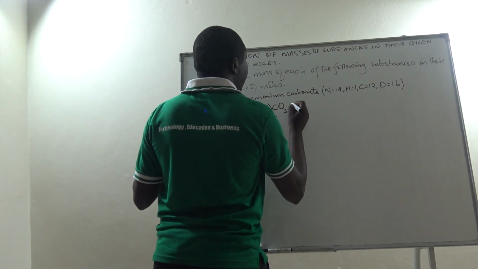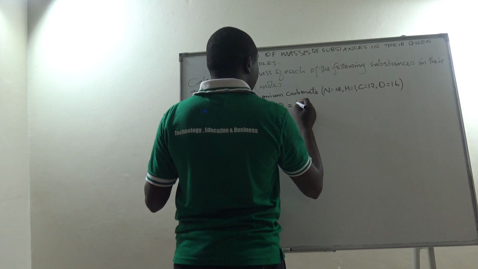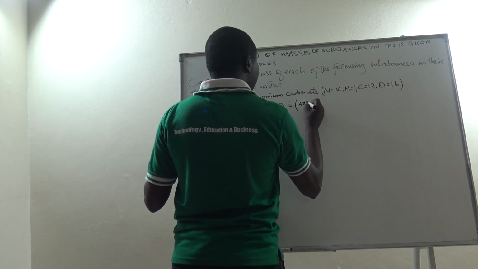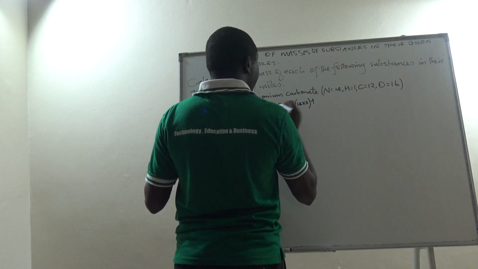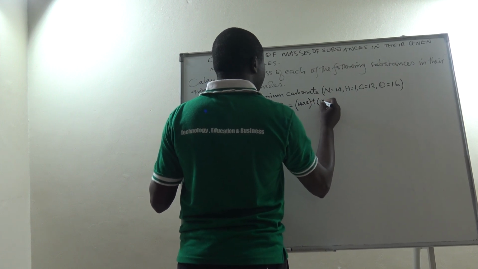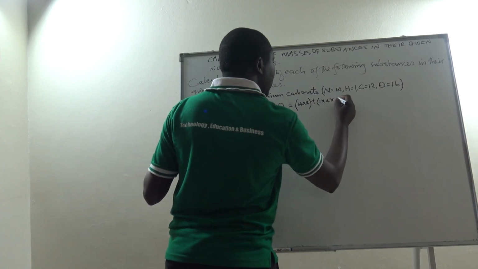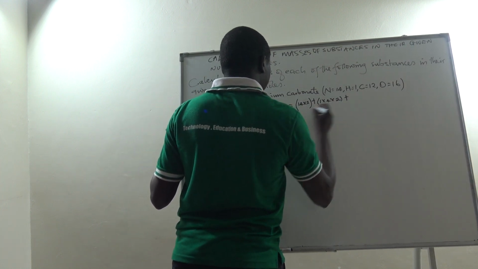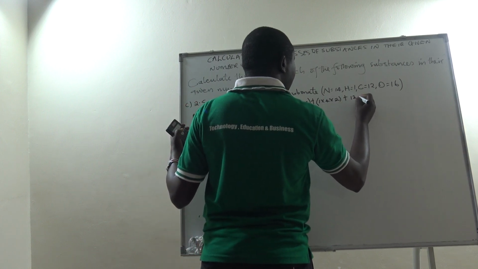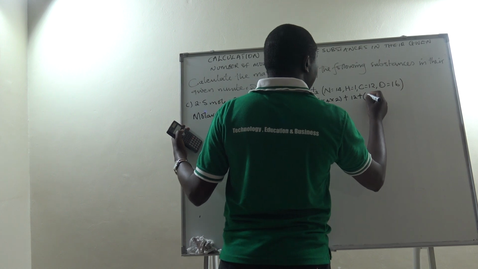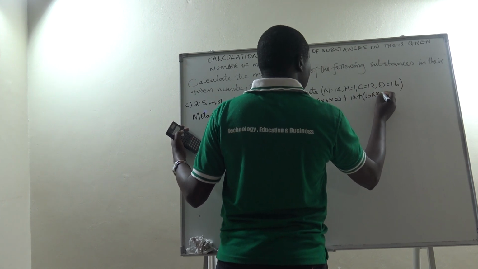So let us get its molar mass. It's going to be, there are 2 atoms of nitrogen, which is 14 times 2, plus hydrogen is 1 times 4 times these 2 here, plus we go to carbon 1 atom, that's 12, plus oxygen, we have got 3 atoms, that is 16 times 3.